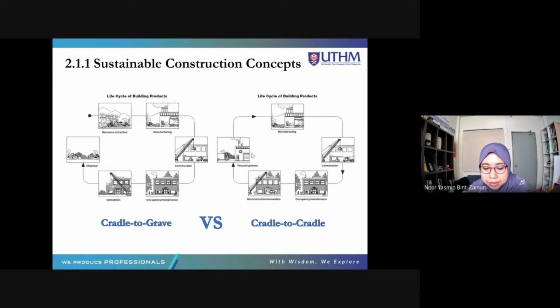Kita nak recycle, kita nak reuse, and we want it to become part of the resources to start up the manufacturing process for our building products. Maksudnya kita guna balik sebagai sumber. Jadi nampak tak konsep cradle to cradle, pusing balik, tak ada yang terbuang. Kalau cradle to grave ni, last kali kita akan ada banyak lebihan sisa sampah. Itu yang dia tidak sustainable lah, tak lestari.